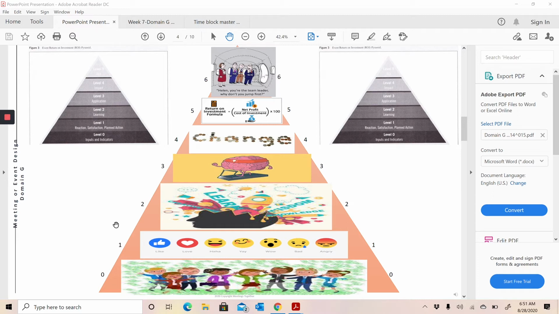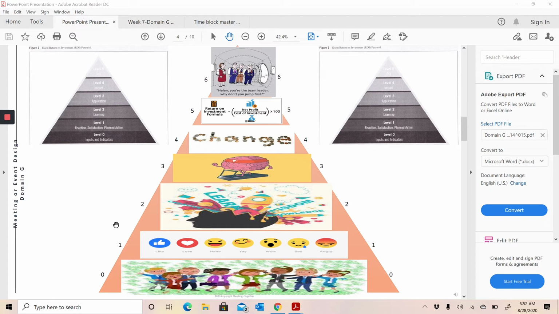So that's level 4 is the impact. Then level 5 is where your ROI is measured. And again, only 5% of meetings are measured at that ROI level 5. And then lastly, level 6 at the top, these are your intangibles.